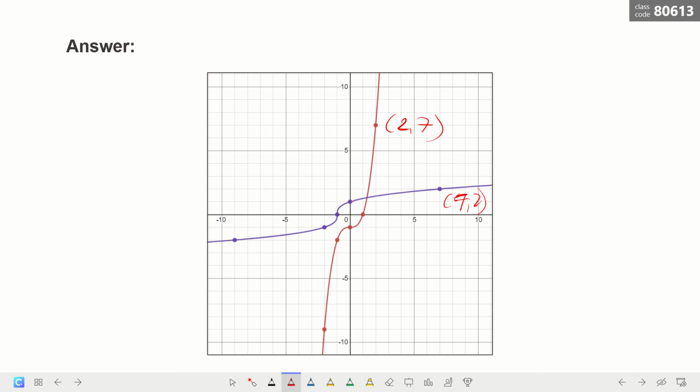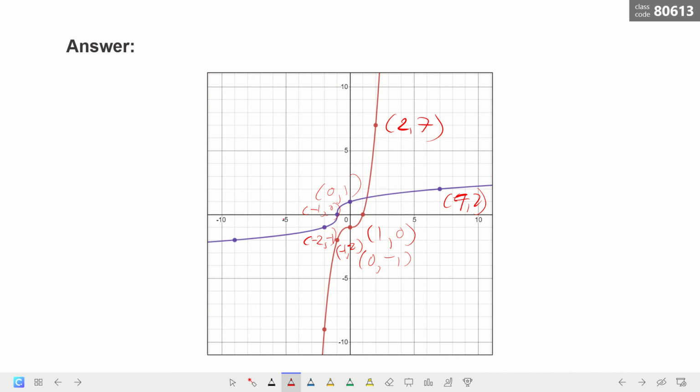Our original here is (1, 0), here (0, 1). Then we have (0, -1), and here (-1, 0). Then this is (-1, -2), so its reflection is (-2, -1). So, this is (-2, -1).